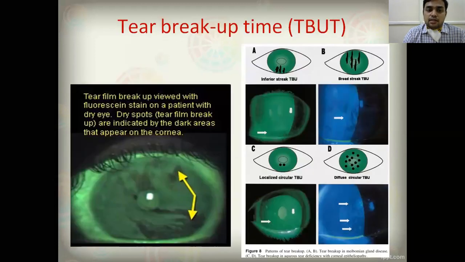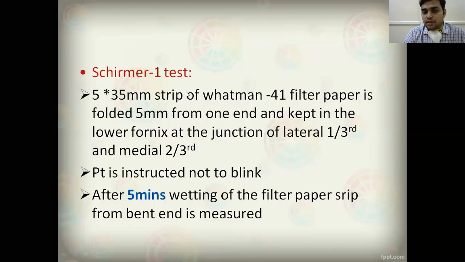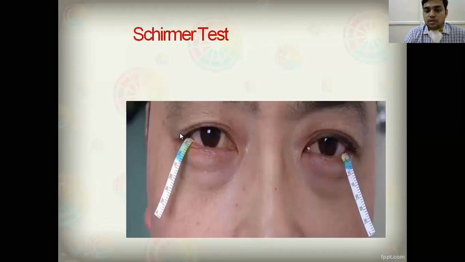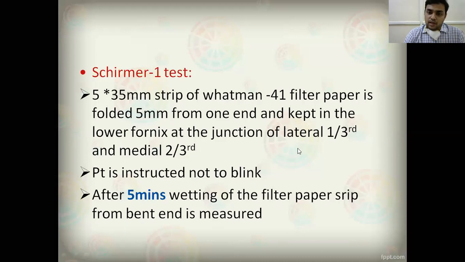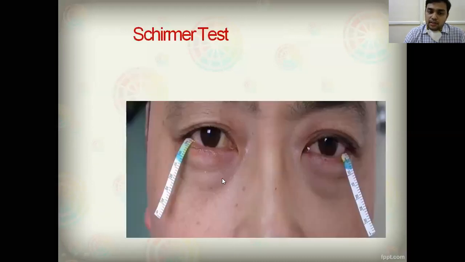The second test, after tear film breakup time, is Schirmer's 1 test. Here, a 5 mm by 35 mm strip of filter paper is used. This filter paper is folded at the 5 mm level, and it is placed in the lower fornix at the junction of the lateral 1/3 and medial 2/3.